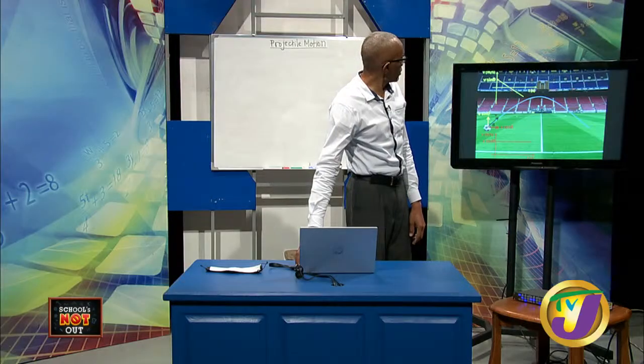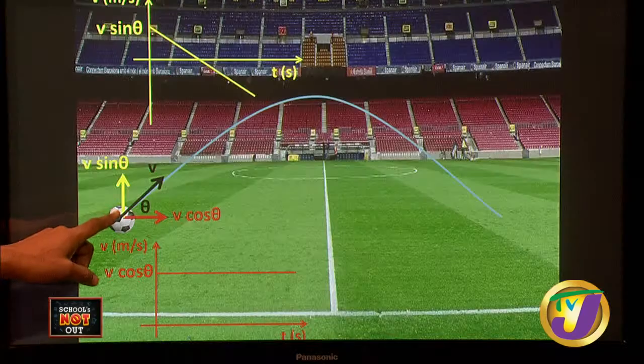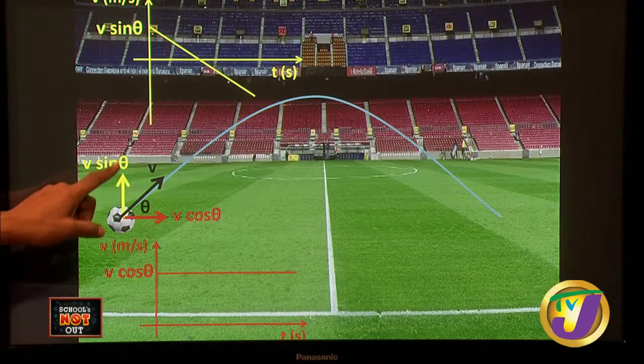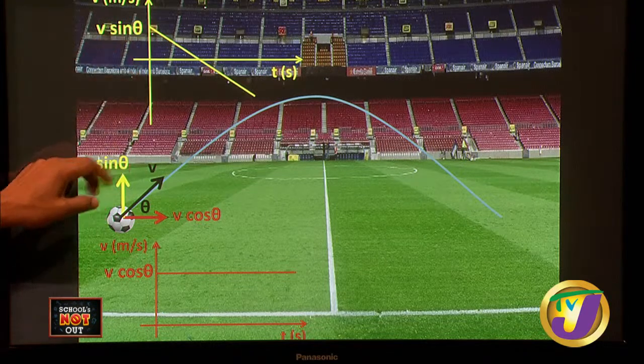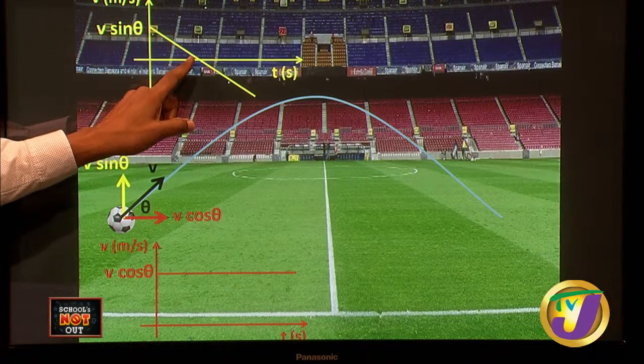Let's look at what happens vertically. Here again, this is kicked, so initially, vertically, the velocity is v sin theta. So it leaves with a maximum velocity v sin theta.